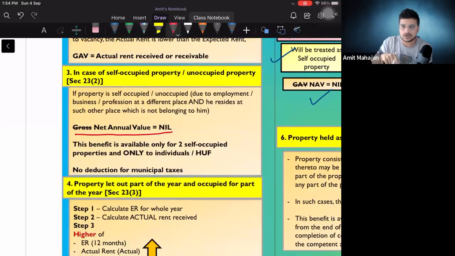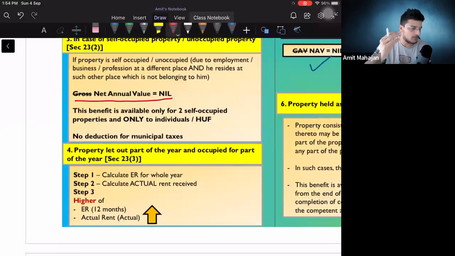This is situation 4, and this is the basic difference between situation 2 and situation 4. अगर सॉरी, वापस, तूने अगर पार्ट ऑफ द ईयर के लिए लेट आउट किया है 10 महीने के लिए, तो बाकी के 2 महीने वेकेंट है. इफ इट इज वेकेंट, सिचुएशन 2.